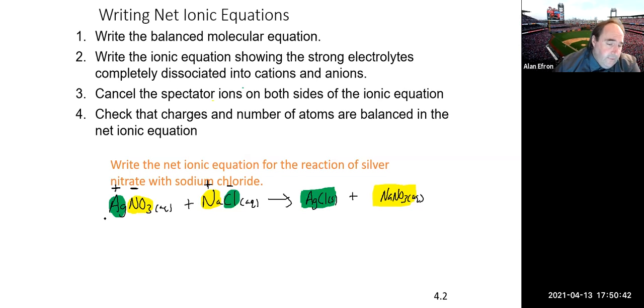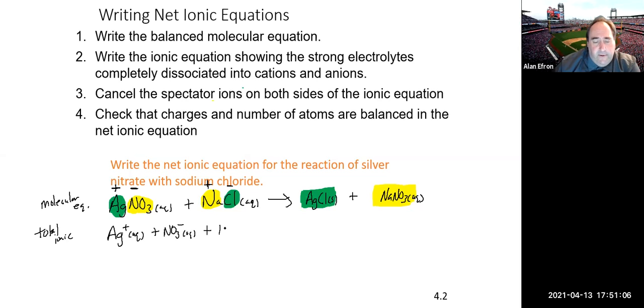Now, obviously, this would be our molecular equation. The next thing we would want to do is our total ionic. So again, we would want to break up everything that is aqueous. So our silver nitrate would break apart into a silver ion plus a nitrate ion.